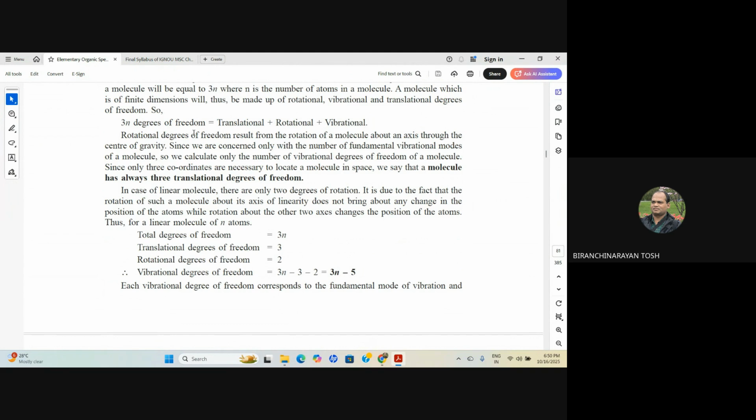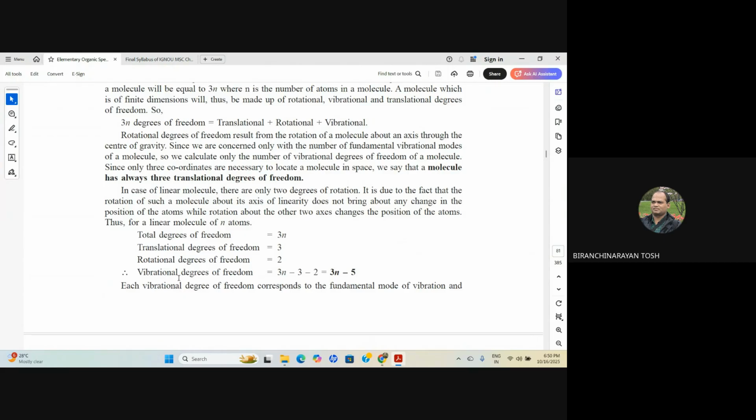In a diatomic molecule, you have three translational and two rotational, not three, since rotation around the internuclear axis is immaterial. Only perpendicular to the internuclear axis, that means the x and y axes, is rotation possible. So 3 into 2 is 6, 5 has gone, so only one vibrational degree of freedom.